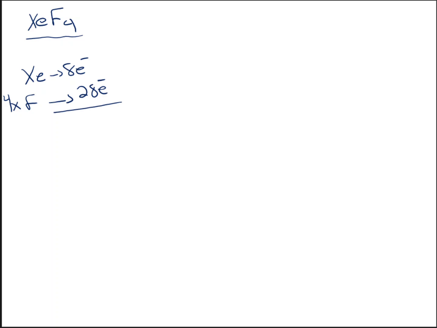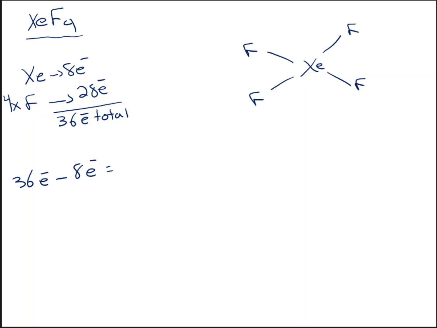So that's a total of 28 electrons from fluorines. So we would expect 36 electrons total. I'm going to make the skeleton here. 36 minus 8 electrons, so we have 28 electrons available.